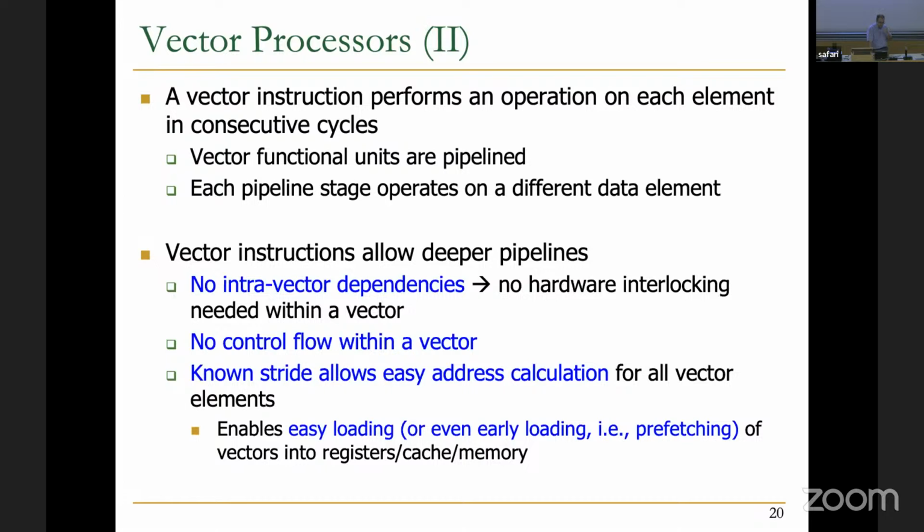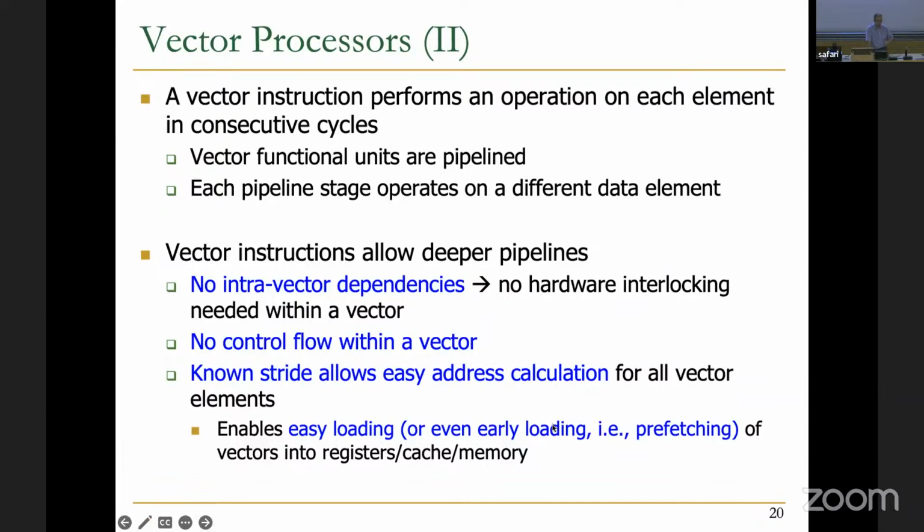And as I said, it's because of no intra-vector dependencies and no control flow within a vector. Also, we usually know the stride when we want to do the vector operation. That allows us to easily calculate the next address, and that makes life easier by enabling easy loading or even early loading.